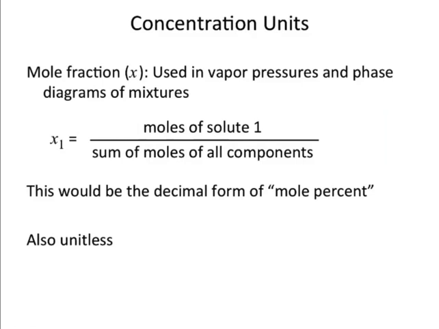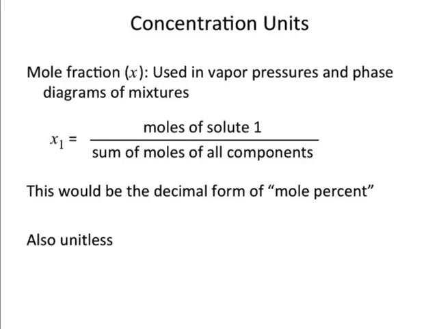All right, another one to talk about is mole fraction. And this is symbolized with an X, or sometimes it's the Greek letter chi, which we spell C-H-I in English if you're talking about the Greek letter. And so we use this in vapor pressures and phase diagrams of mixtures a lot. And this is effectively a percent of moles.